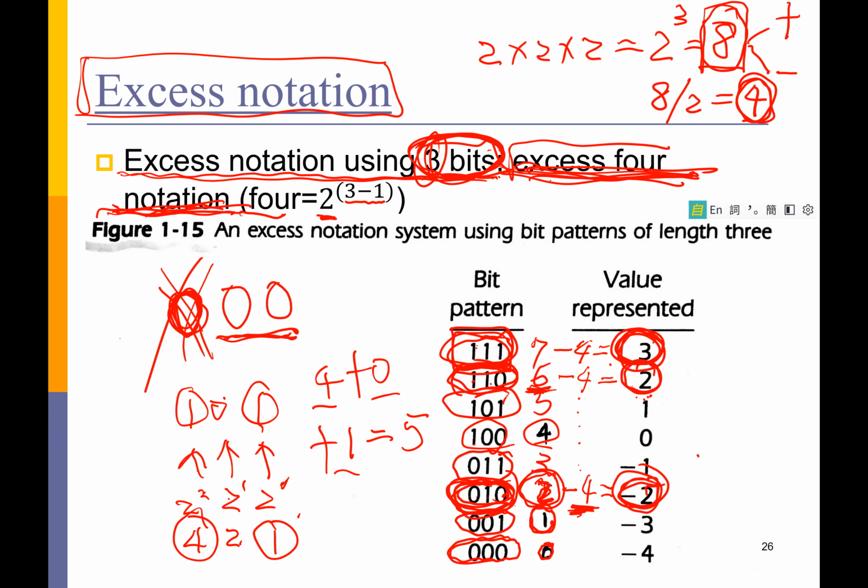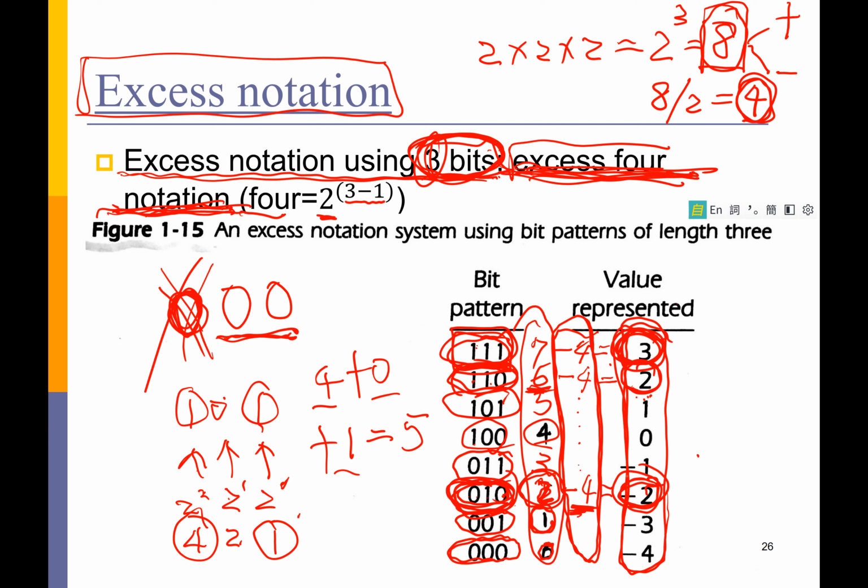So we got the name SS4 notation. Why SS4 notation? It is because the actual decimal value and the number represented by SS notation, the difference is 4.